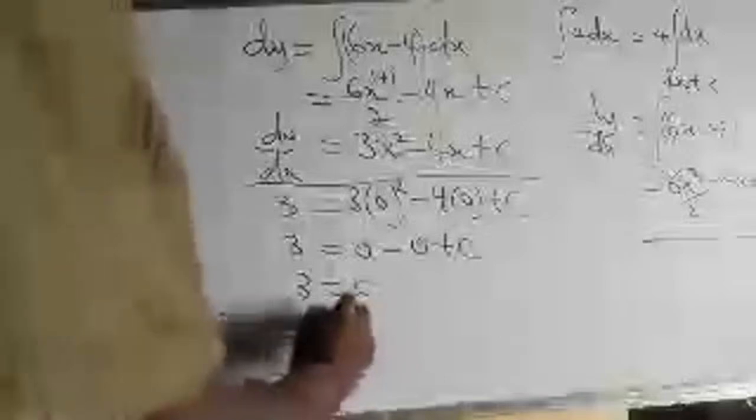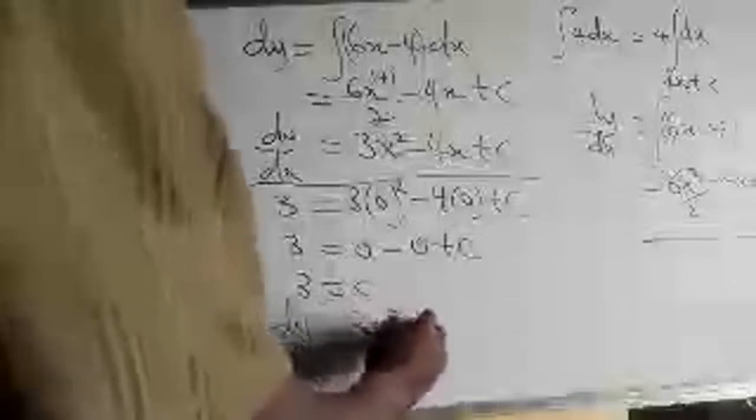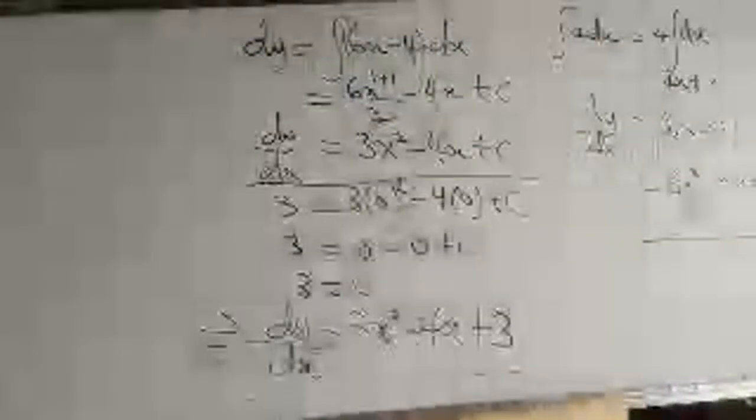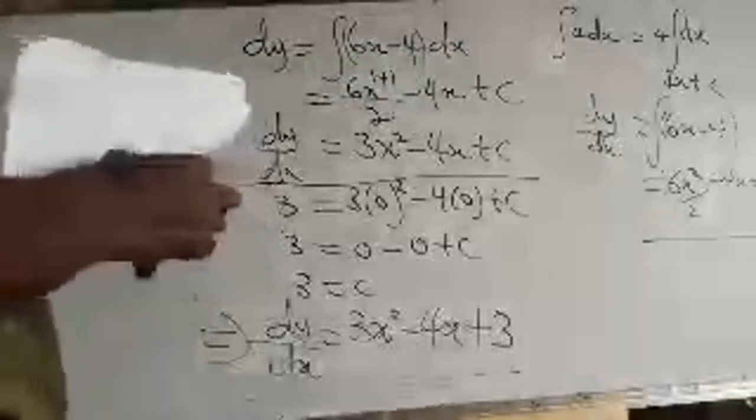By substitution, dy dx is equal to 3x squared minus 4x plus 3, because we have gotten c to be 3. That means the arbitrary constant we have added there is 3.